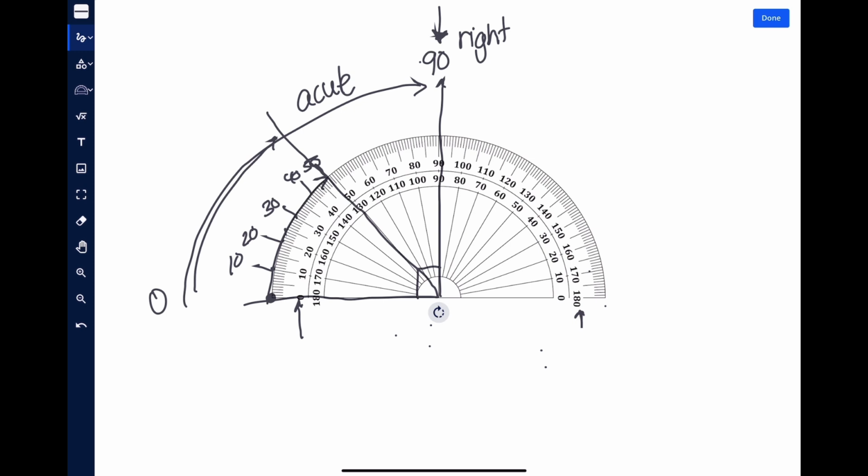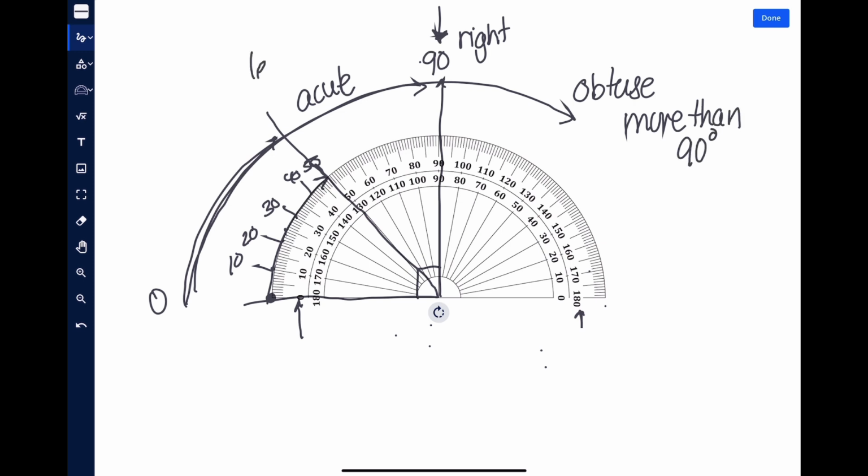And any line that's further out that goes more than 90 degrees, we call it obtuse. So this is more than 90 degrees. Acute is less than 90 degrees, and right angles are exactly 90 degrees.